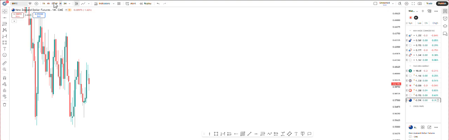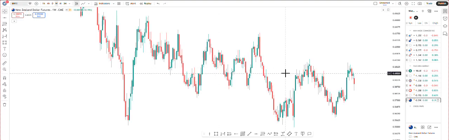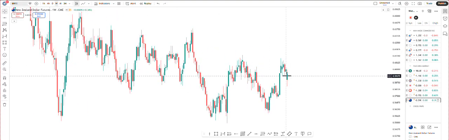Then we should look for a place to sell from. When we look at this supply area here, we have a supply area just around here.